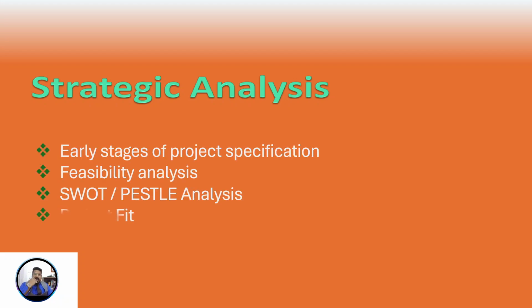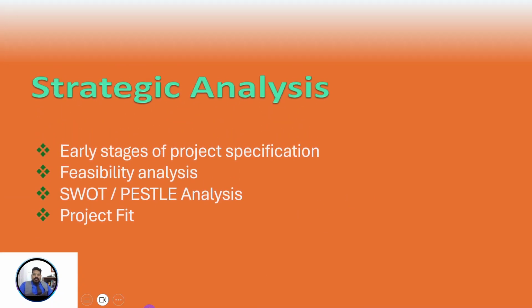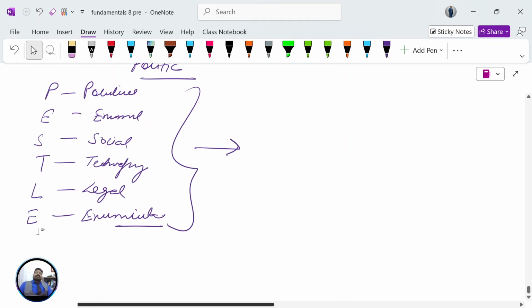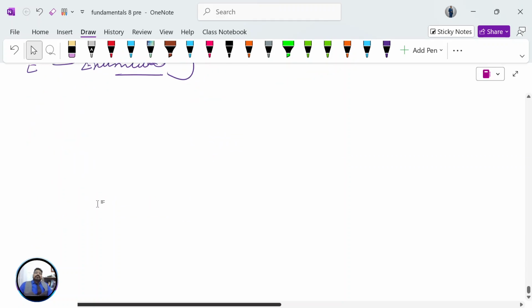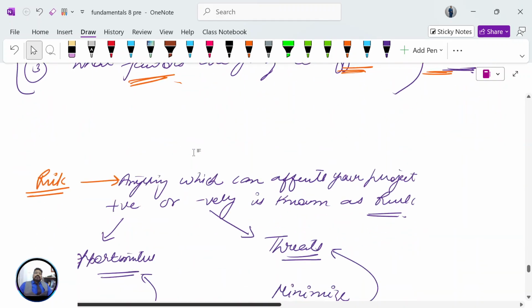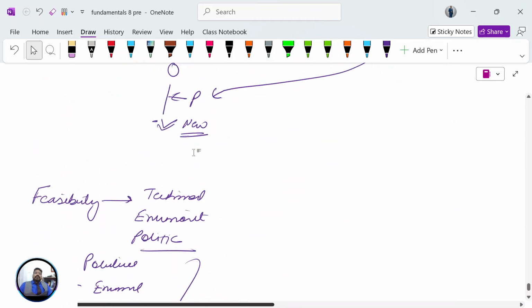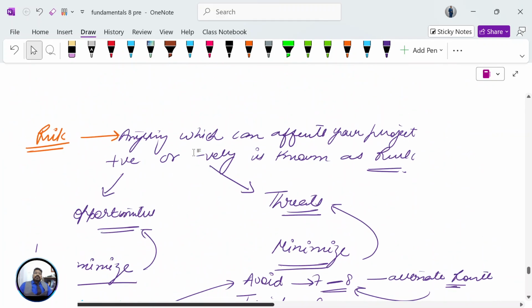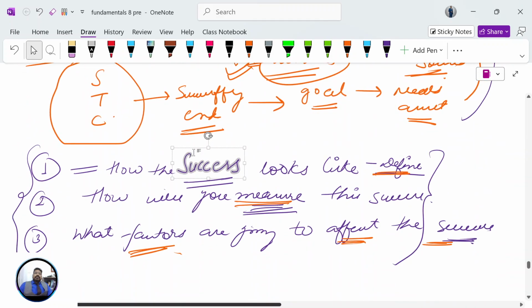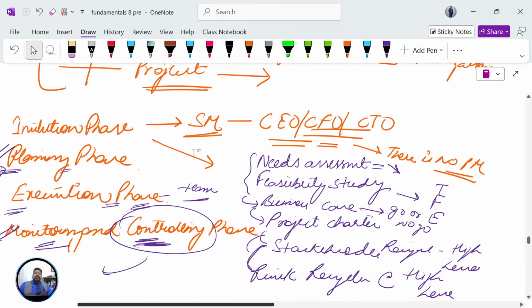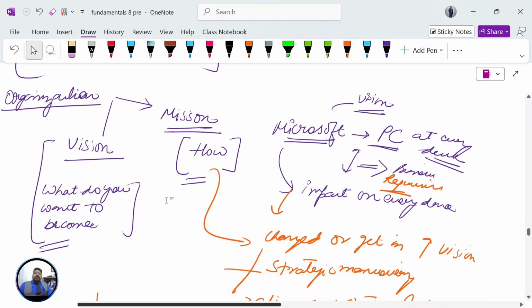You have strategy analysis. I discussed this here in this example. As an organization, you have vision.